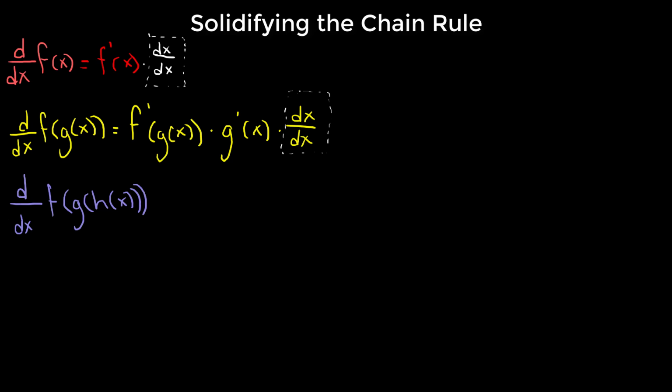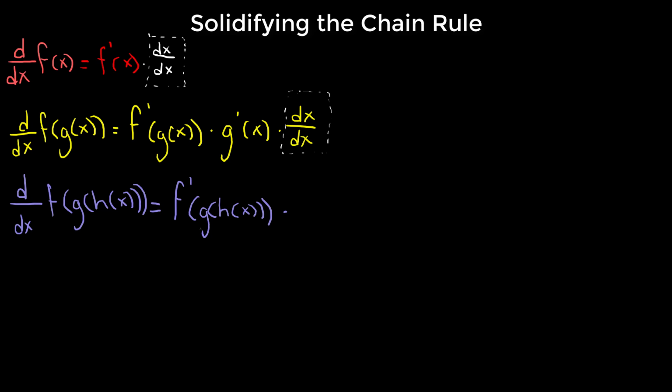Another thing here. So the derivative of f of g of h of x with respect to x. If we understand that power rule, or the chain rule, remember, we take the derivative of the outside while leaving the inside the same. All right, so now I'm going to dive into this and really solidify your understanding. So take the derivative of the outside and leave the inside the same.